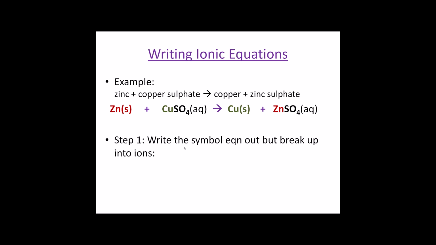First thing is we're going to write out the simple equation, but we're going to break it up into the individual ions. The zinc on the left hand side stays just the zinc because it's not joined in an ionic compound, it's by itself, and it has a zero charge on it, so we don't need to write the charge. The copper and the sulfate are going to break apart though, and we're going to make Cu2+, and seeing as this is an ionic compound and it has no overall charge, if the copper has got a plus 2 charge on it, it means the sulfate must be 2-.